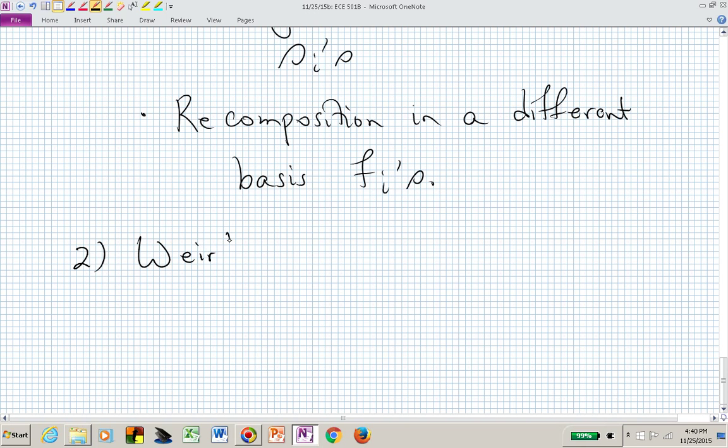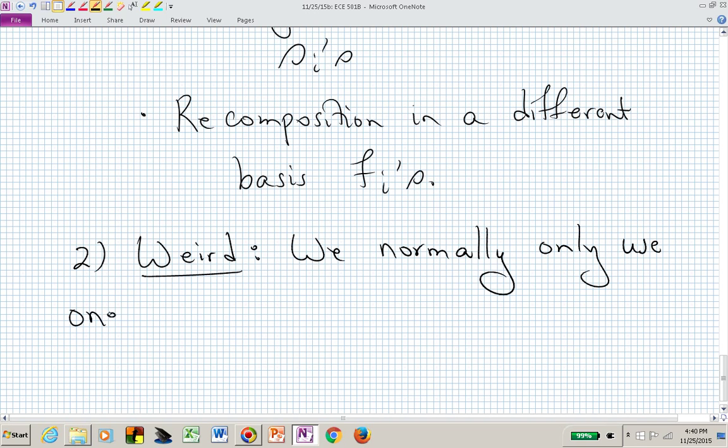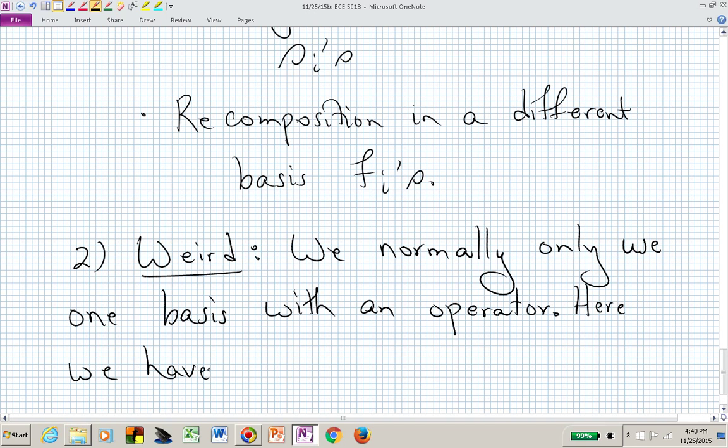And that's actually a little bit strange or weird, because we normally only use one basis with a given operator, where here we actually have two bases, one on the input.